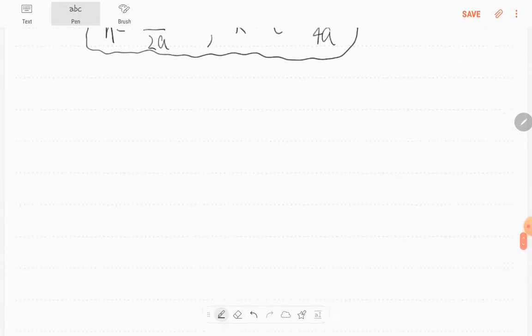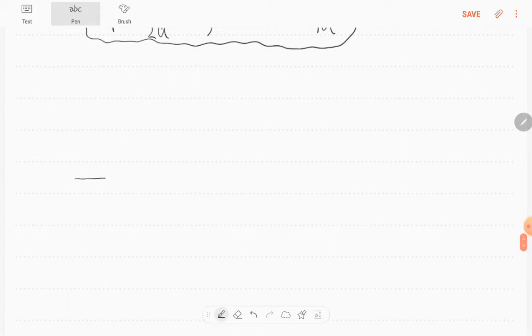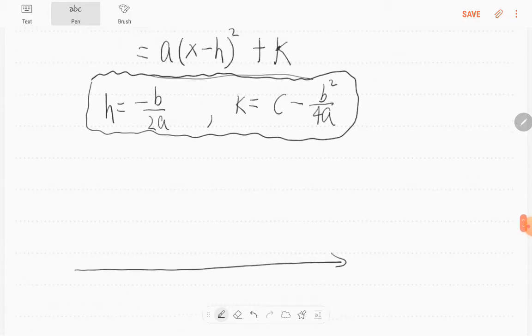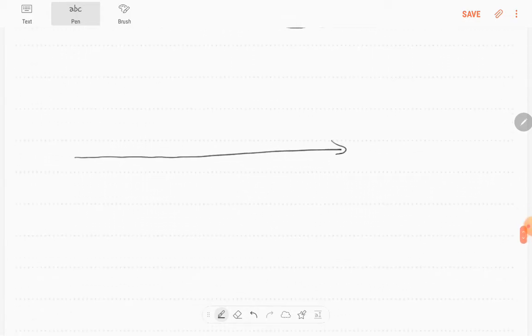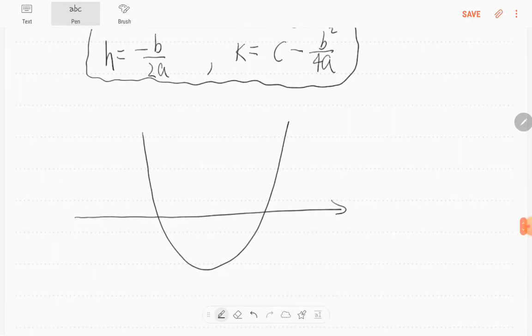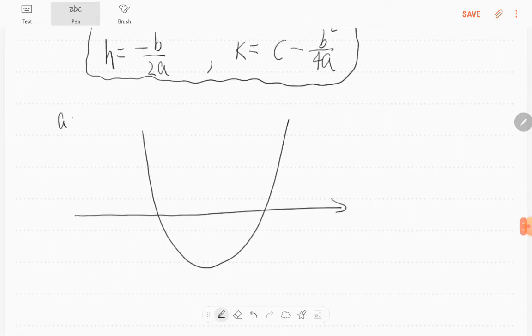For example, we will not draw any y-axis, for our convenience. You can put a y-axis as you want. So you have a parabola. This is the case for a greater than 0.